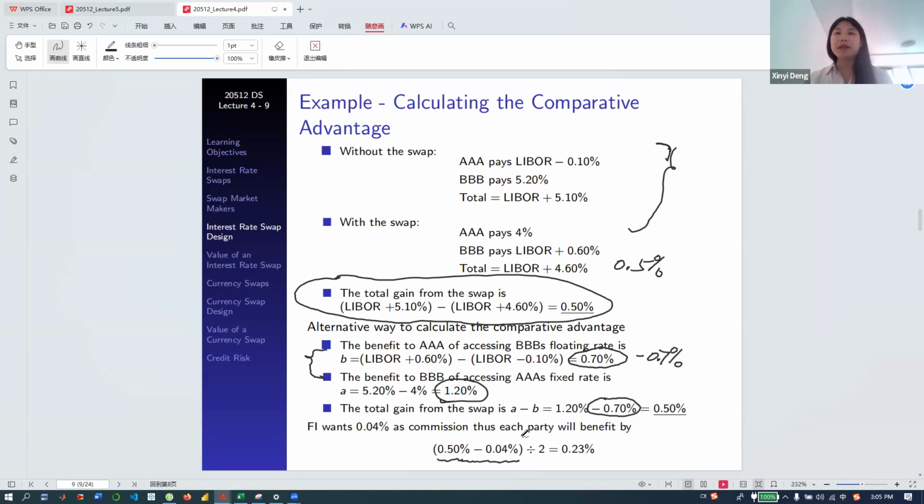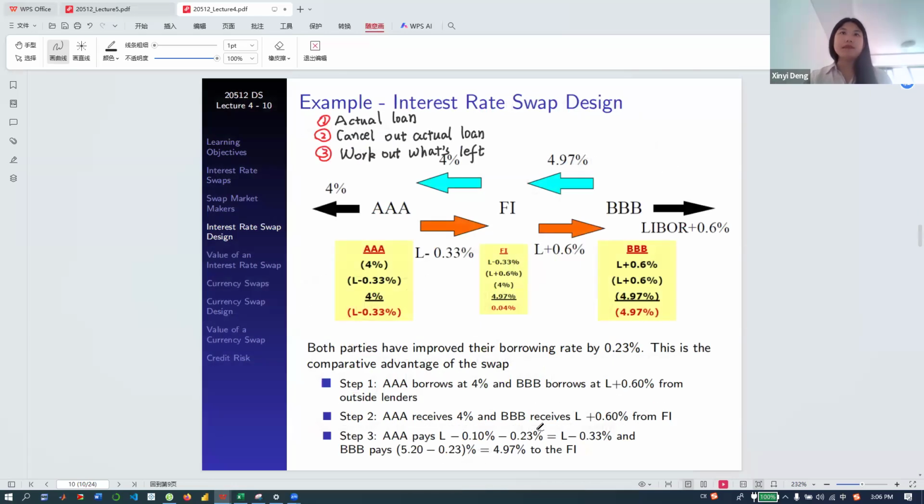And then we're just splitting that net gain after the commission. So it's just going to be 0.46% divided by 2, and that's going to be equal to 0.23%. So each party is going to benefit by this amount, and that amount is going to enter into our swap contract design.